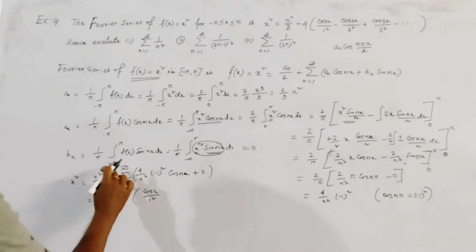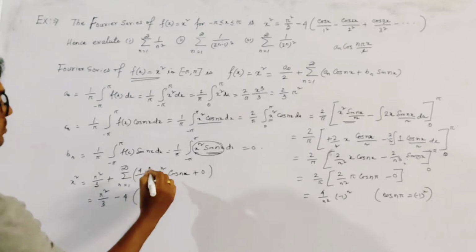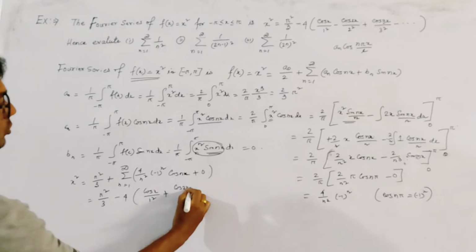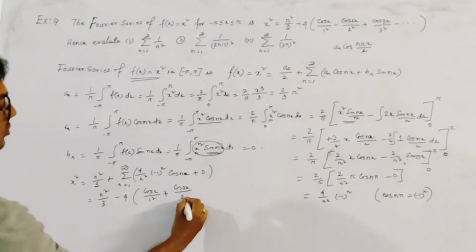Putting the value n equal to 2, then we get a plus, so we get plus cos 2x by 2 square.